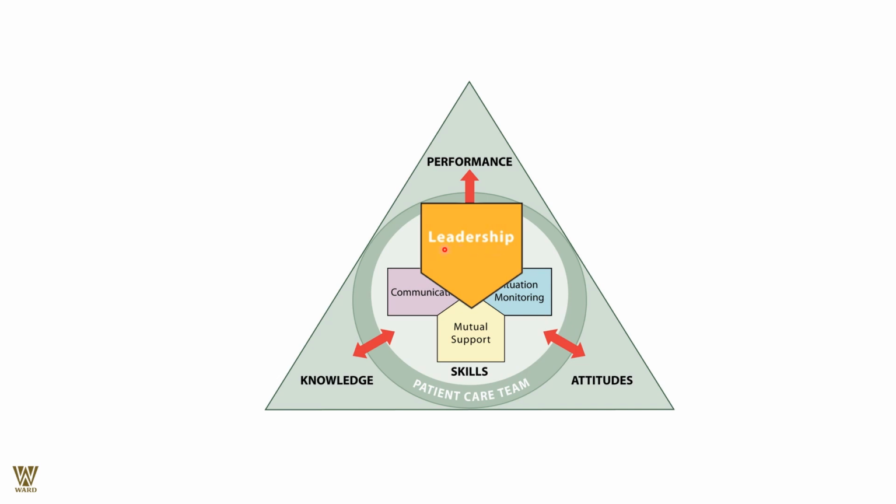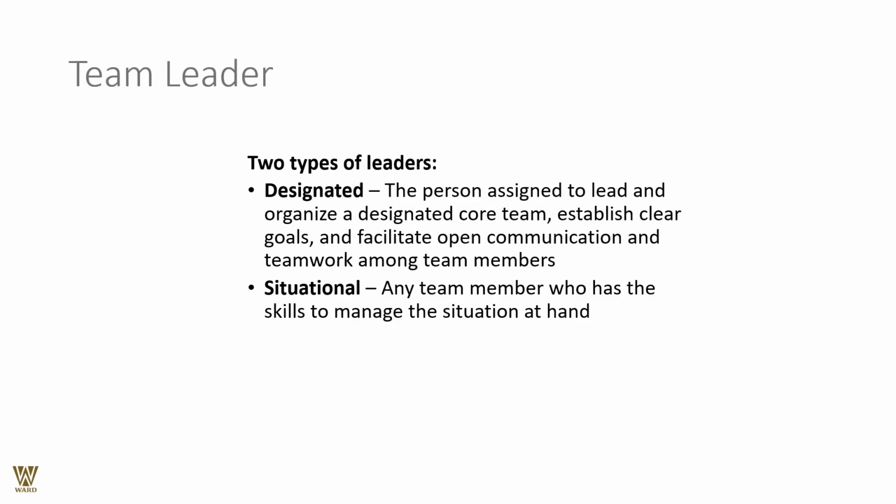Remember, we are going to handle leadership from this particular slide. As a team leader, there are basically two types of leader. One is the designated leader, by the administrative position or the appointment that has been there. The person assigned to lead and organize the designated core team, establish clear goals, and facilitate open communication and teamwork among the team members.